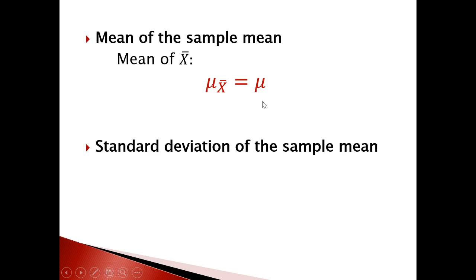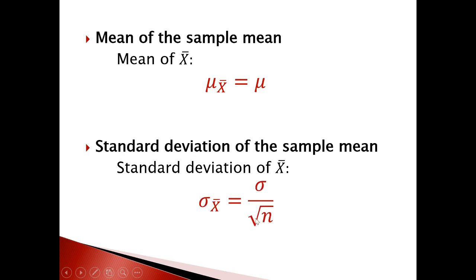Now let's see about the standard deviation. In other words, the standard deviation of the sample mean is the standard deviation of the variable x bar. It is given by this formula: sigma divided by the square root of n.